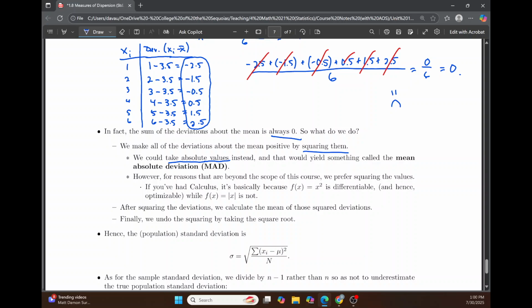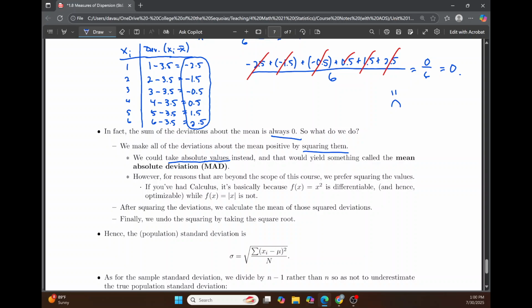The mean absolute deviation is not used very often in statistics for reasons that are sort of beyond the scope of the course. Basically, it has to do with how mathematically useful the mean absolute deviation is versus the standard deviation. It just turns out that the standard deviation is more useful mathematically, right?